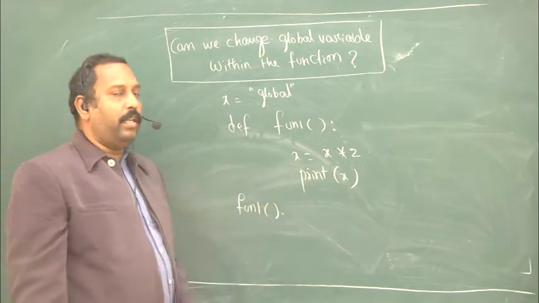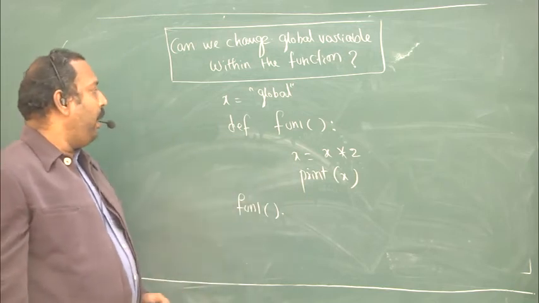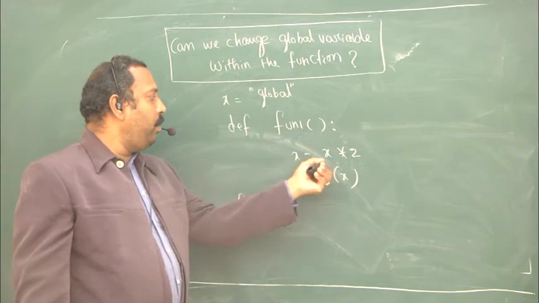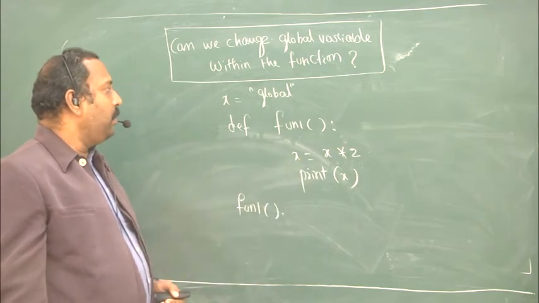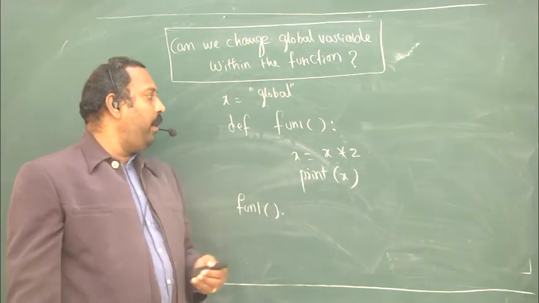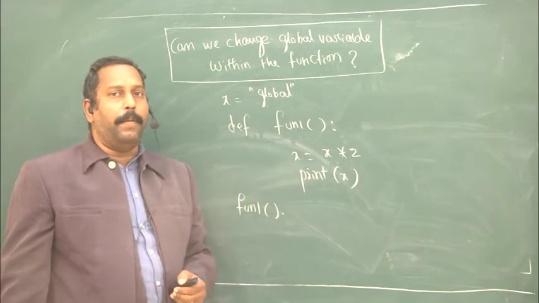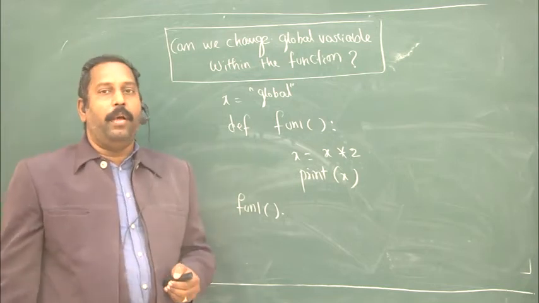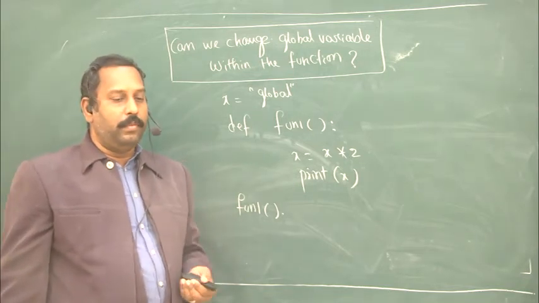So here x is a global variable that is created, and I am defining the function. Whenever there is a function call, control will go here, x equal to x into 2, print x. But here you see, a global variable you can access within the function, but we cannot modify the global variable within the function.